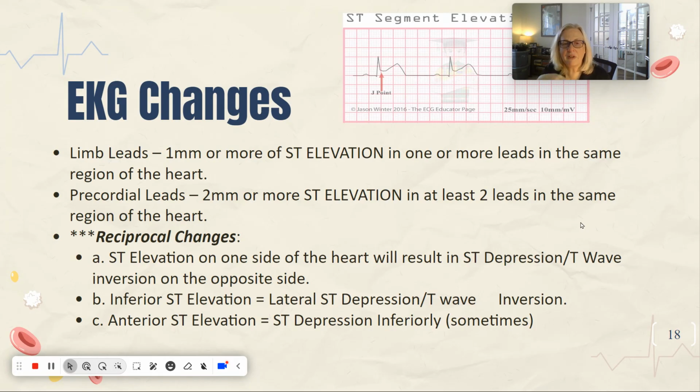If I have inferior ST elevation, so 2, 3, and aVF, then up top in the lateral region, I and aVL, I would have ST depression, just the opposite. I'm going to get into this more in a minute. And then if I have anterior elevation, in V1 through V4, I may have depression inferiorly because it's down below. I'm going to show you a chart that has all this in here. I'll make it make more sense. We'll also go over this in person too.